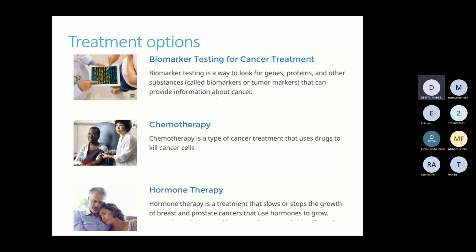So you have to give hormone therapy to stop the growth of breast and prostate cancers. To stop that, you give different types of hormones, or you give a hormone which can actually stop the production of the hormone which is making hormones freely available in these types of patients. So you have hormonal therapy also which is given.